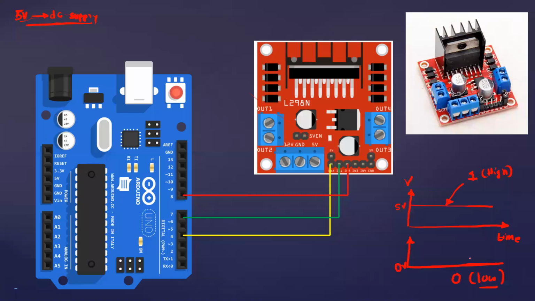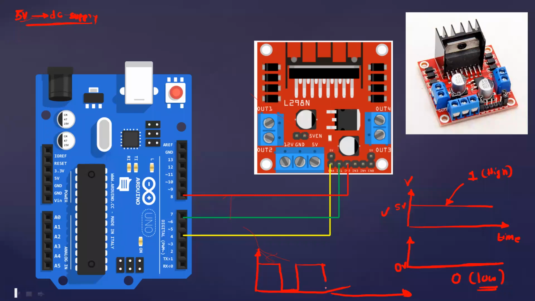So what is the meaning of enable? Enable means we will supply 5 volt, but with different widths.